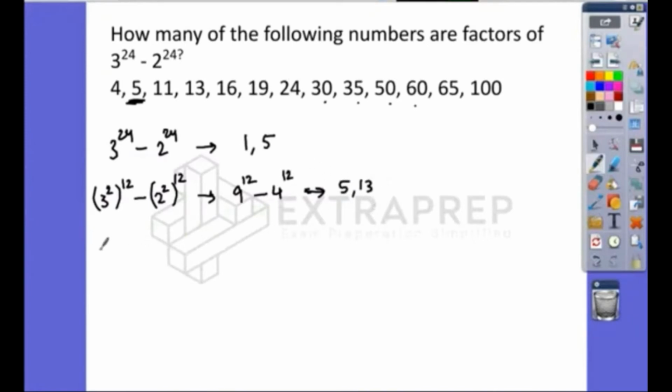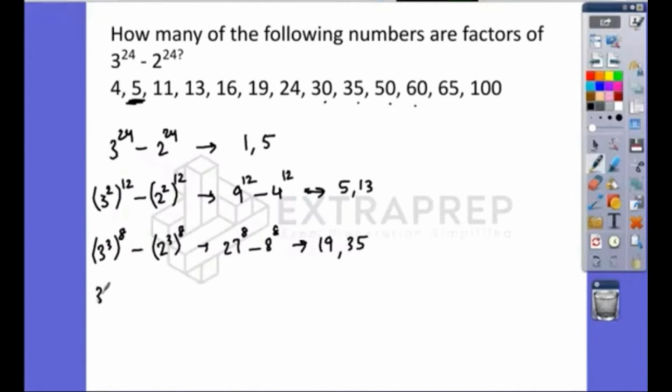Then next, 3 cube power 8 minus 2 cube power 8. That's 27 power 8 minus 8 power 8. So x power n minus y power n is divisible by x minus y when n is a natural number. 8 is a natural number, so it should be divisible by 19. It should be divisible by x plus y, 35, because the power is an even natural number.